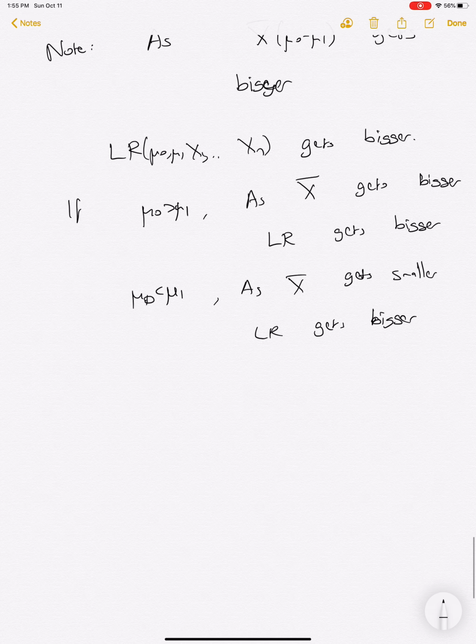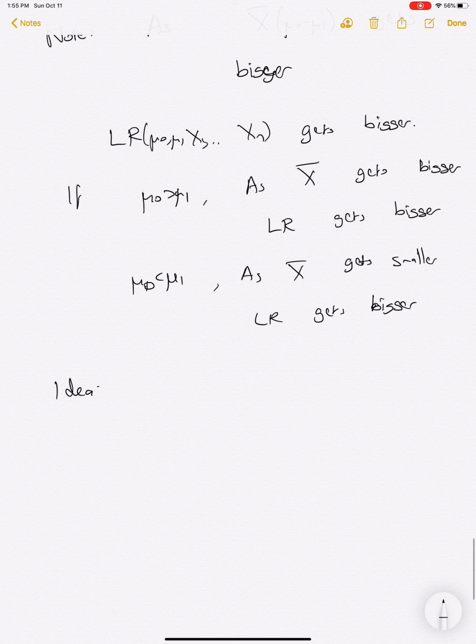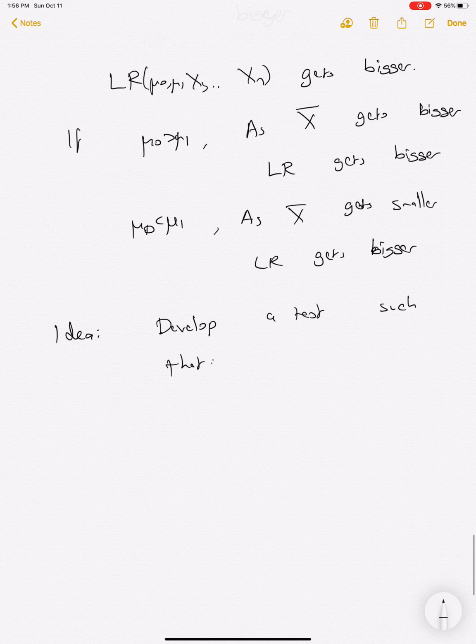So the idea here is to develop a test such that if the likelihood ratio is bigger than or equal to some c, this will be like an acceptance region, we accept H0.